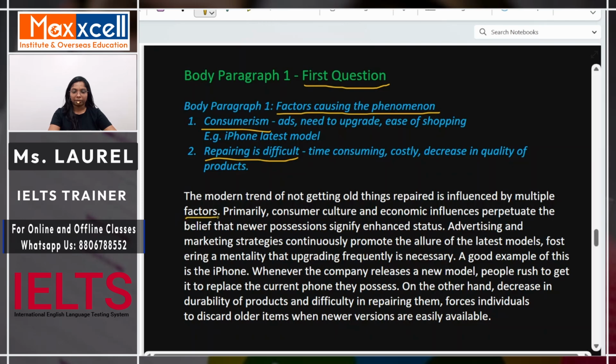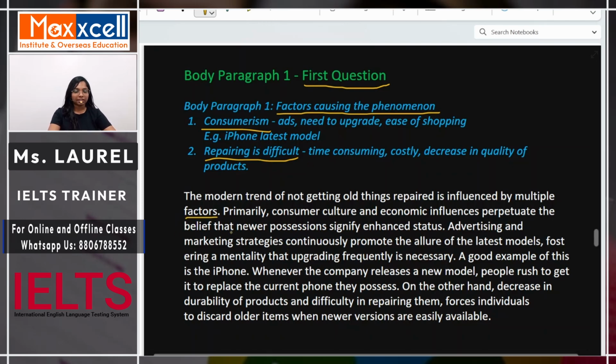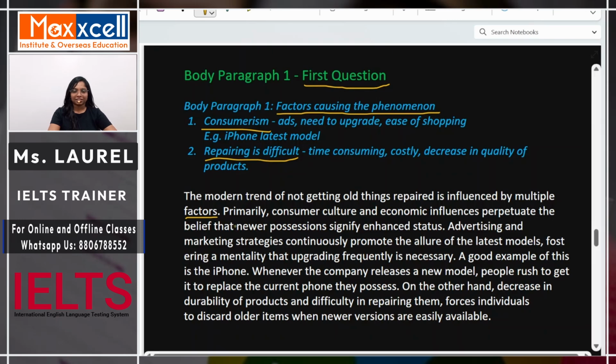So we immediately know that this paragraph is going to be dedicated to the factors causing this kind of trend. Okay, primarily consumer culture and economic influences. So consumer culture and economic influences perpetuate the belief that newer possessions signify enhanced status, right?